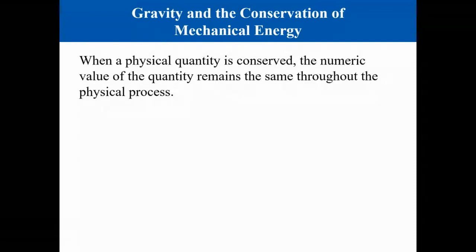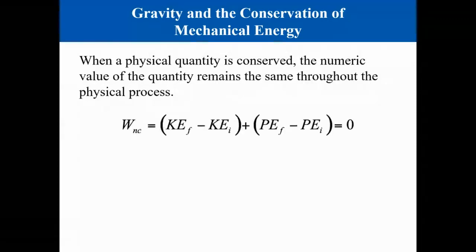These quantities are conserved because we assume that all the non-conservative forces are absent, right? That's why we can set our non-conservative work equal to 0. If we do that we end up with this equation: the change in kinetic energy, final minus initial, plus the change in potential energy. In essence, what we are saying is that the total mechanical energy is conserved.